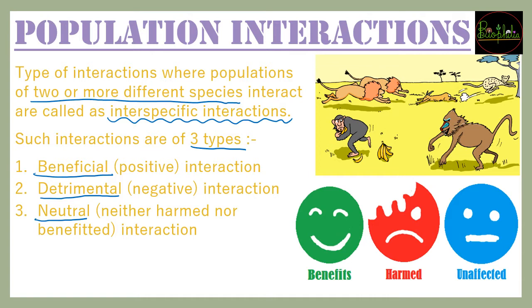So neither harm होगा ना ही benefit होगा, it will be neutral, they will just stay together. So that is going to be the neutral interaction. So based on these kinds of interaction, that is either positive, negative or neutral, we are going to see some combinations that occur in nature naturally.